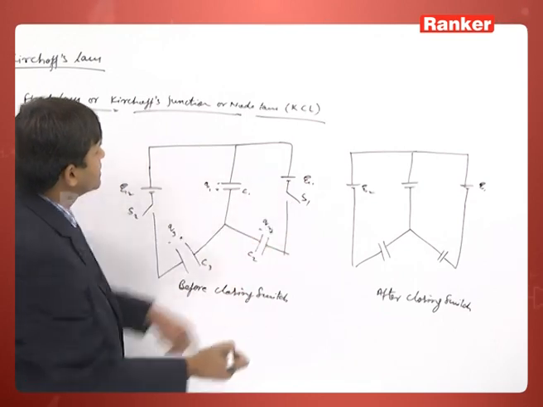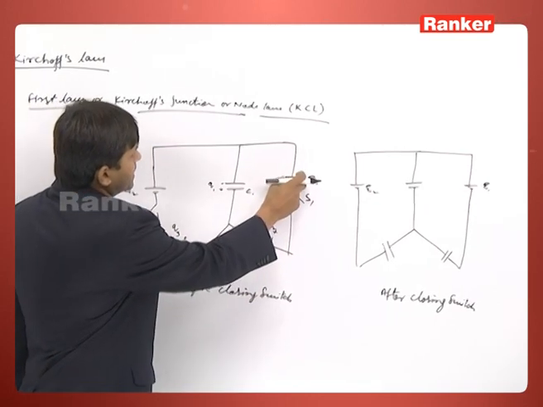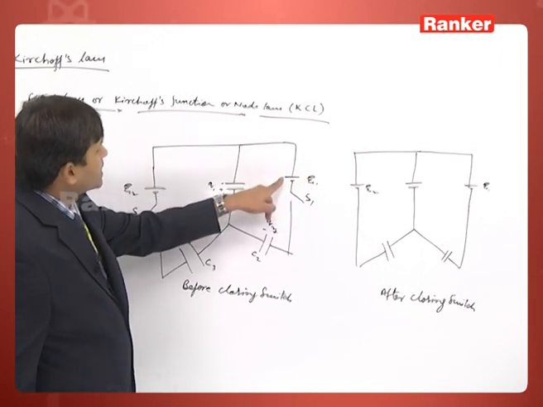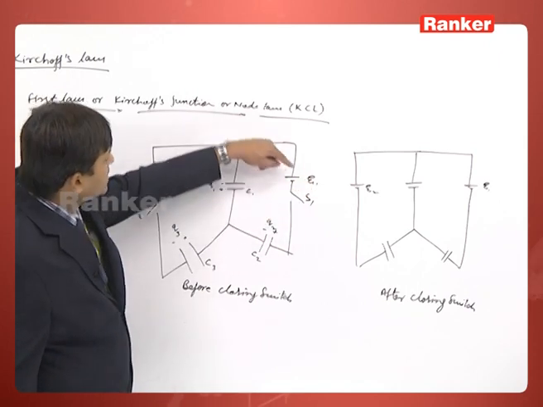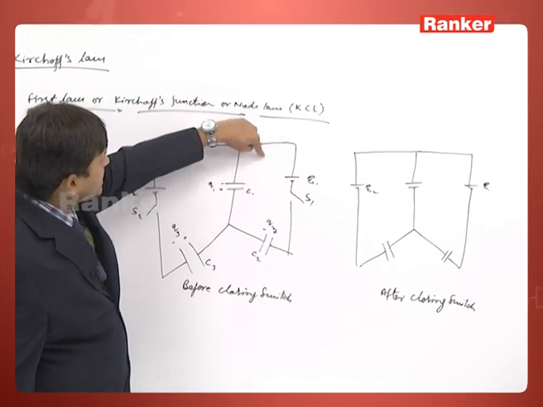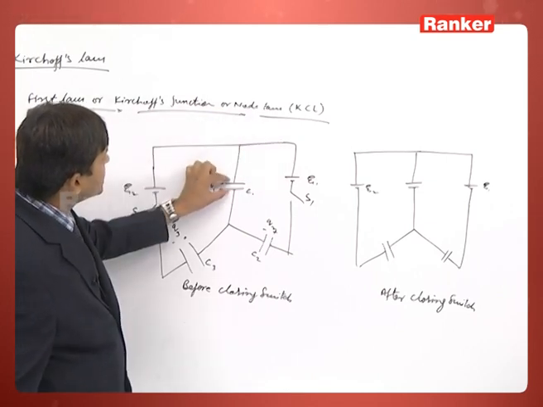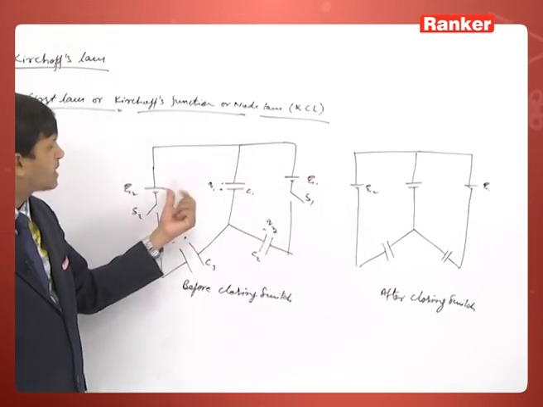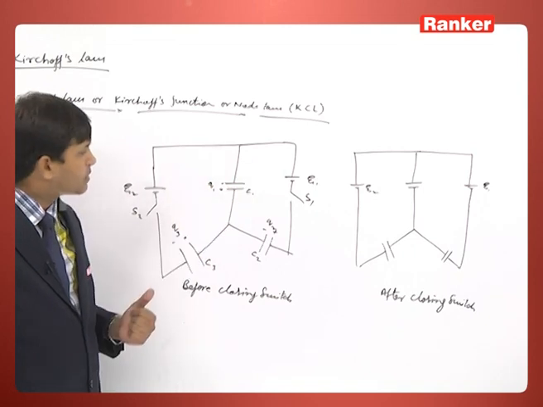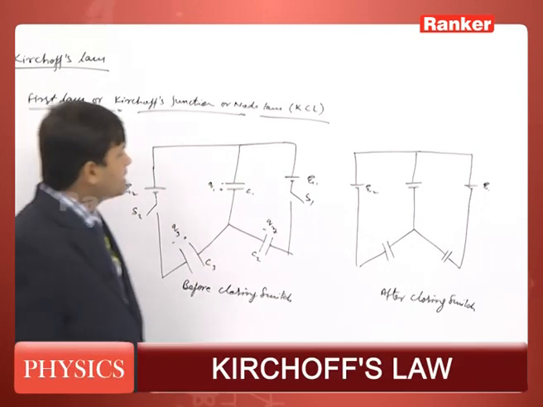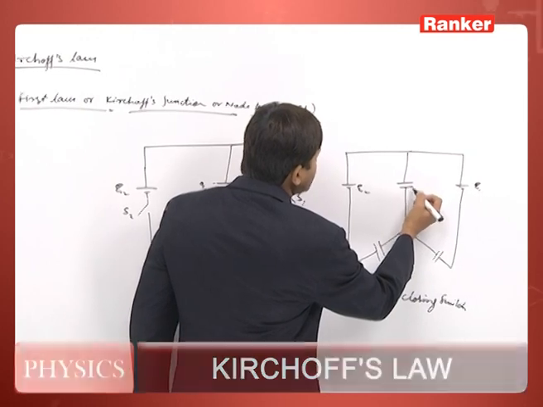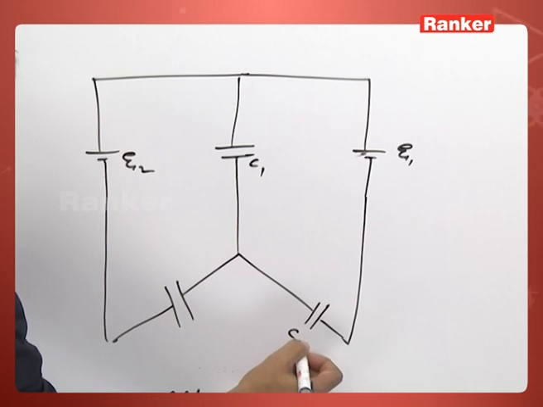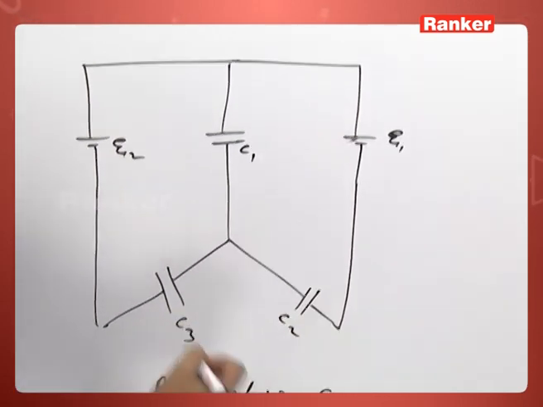After closing switches S1, S2, this cell has EMF E1. It means the potential difference between this and this is E1. So, this is at higher potential, so that will create some potential difference. Both of the cells are showing their own effect on the circuit, or these cells start changing the potential difference which was earlier across the capacitors.